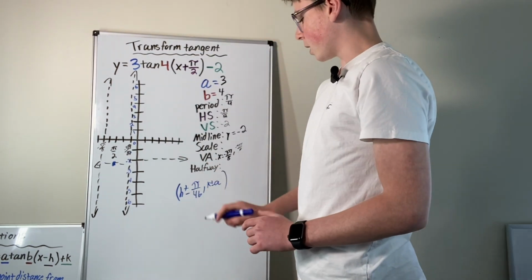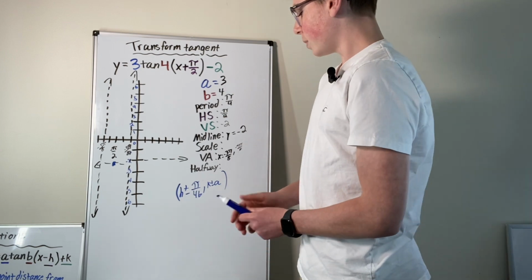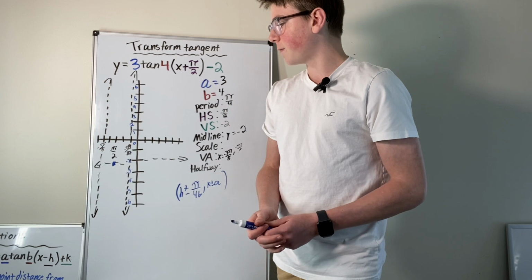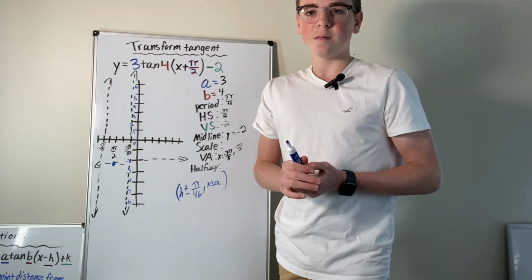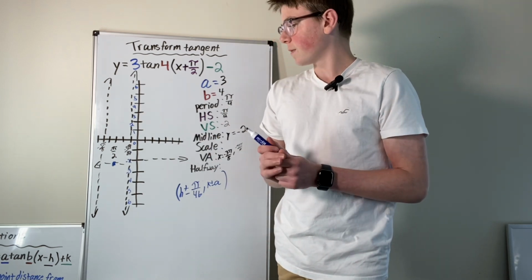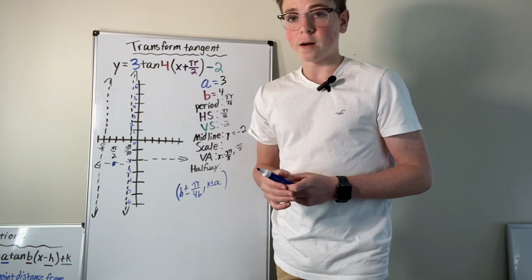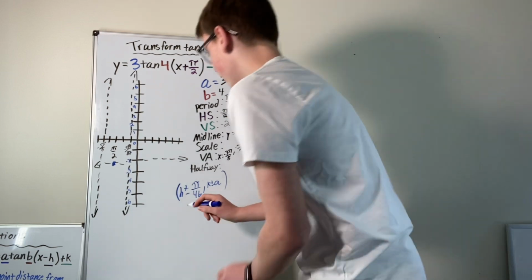So let's start: h plus or minus pi over 4b. Well, we already know it's between negative 5 pi over 8 and negative pi over 2, which is really negative 5 pi over 8 and negative 4 pi over 8. But I'm still going to do the formula.